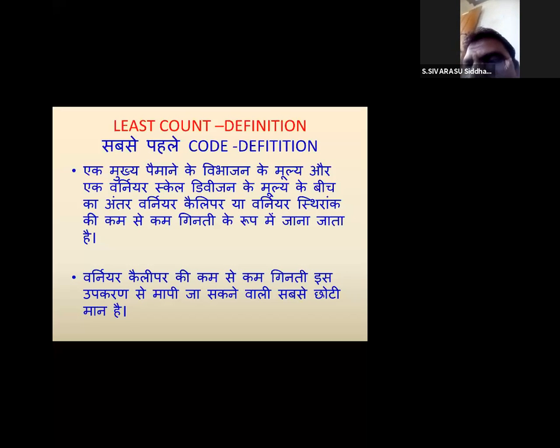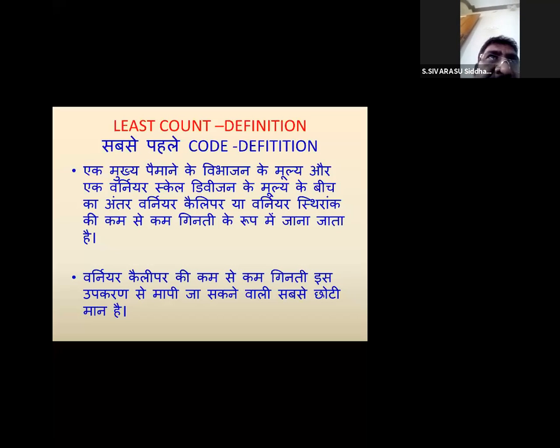The least count is the difference between the value of one main scale division and one vernier scale division. We can also call it the vernier constant. The least count of a vernier caliper tells us the minimum measurement, the smallest value we can take from the instrument.